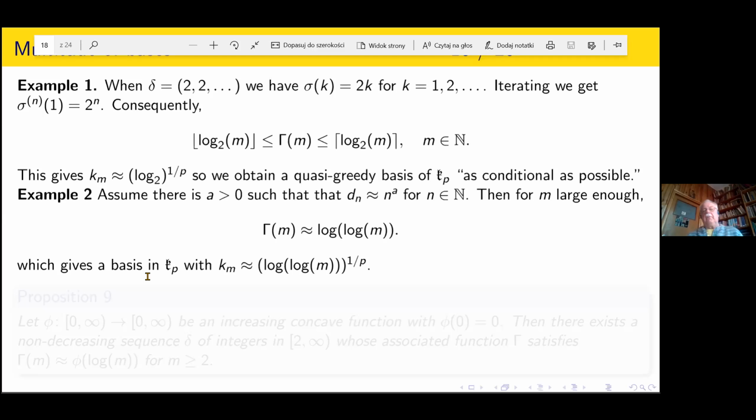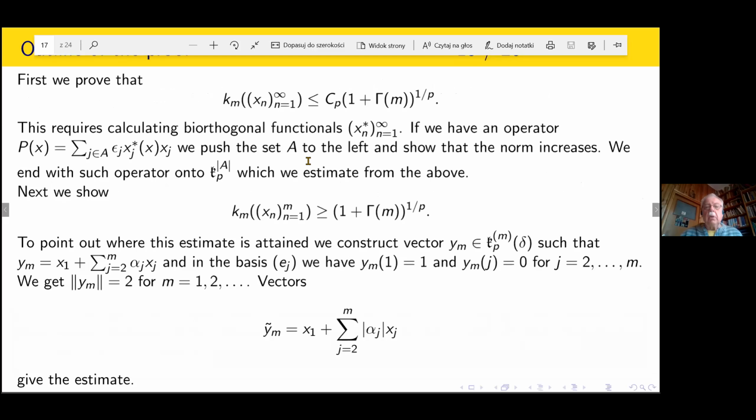So we would like to have deltas which give different gammas, because recall that this is basically gamma_m to the 1 over p. So if you want bases which have different conditionality constants, we would like to have delta sequences for which gamma_m are different.